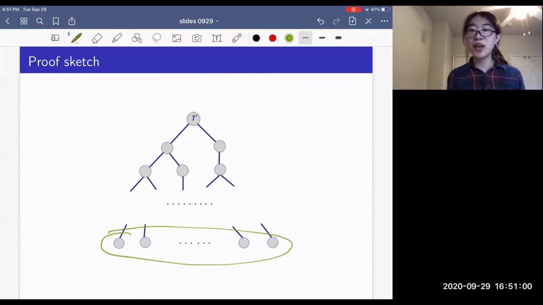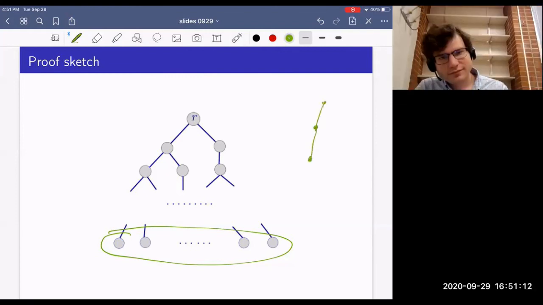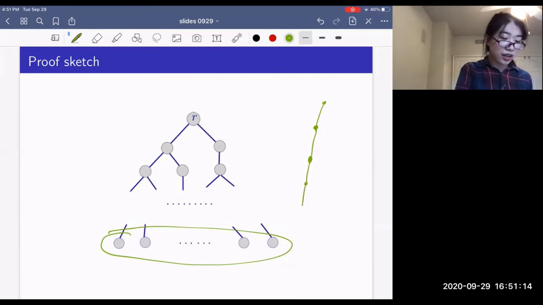But sometimes we don't have enough leaves. It means that we have one path in our tree where the internal nodes all have degree 2. It's just like this. If it branches, we can have enough leaves, but now we cannot.